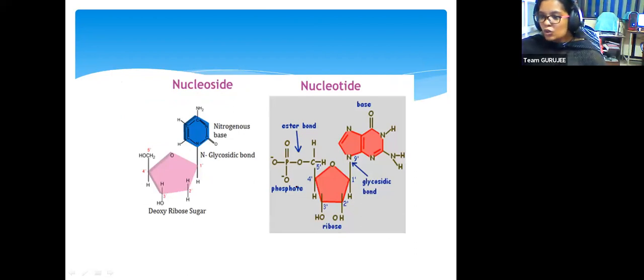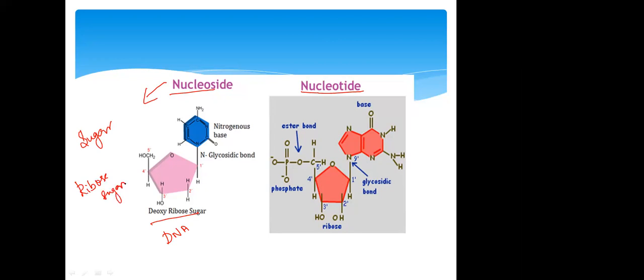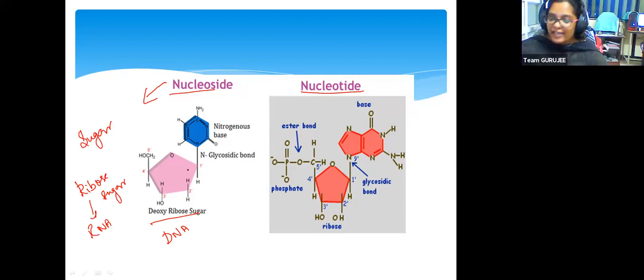Okay, we'll see two terms, nucleotide and nucleoside. So what is a nucleoside and what is a nucleotide? Nucleotide is a combination of sugar, ribose sugar or deoxyribose sugar. Deoxyribose sugar is present in DNA. Ribose sugar is present in RNA.